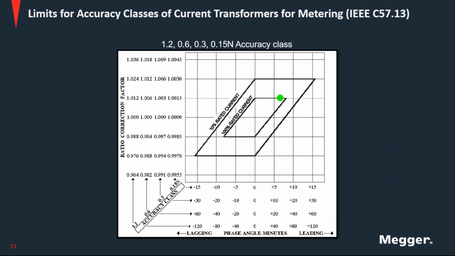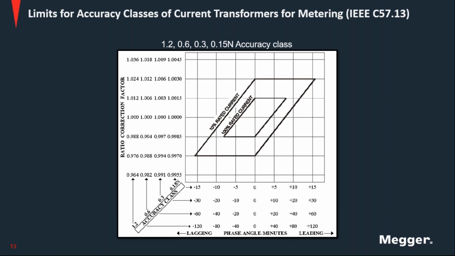And the same thing applies for the other two vertices. So you have maximum ratio correction factor with minimum phase deviation, and maximum ratio correction factor with maximum phase deviation.